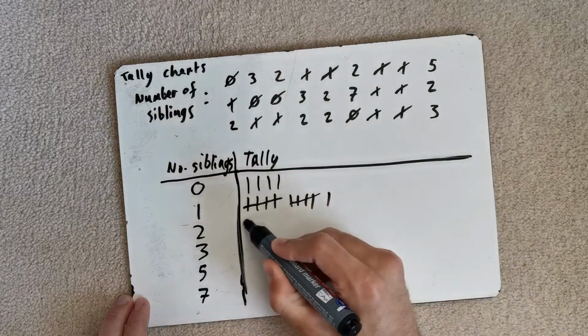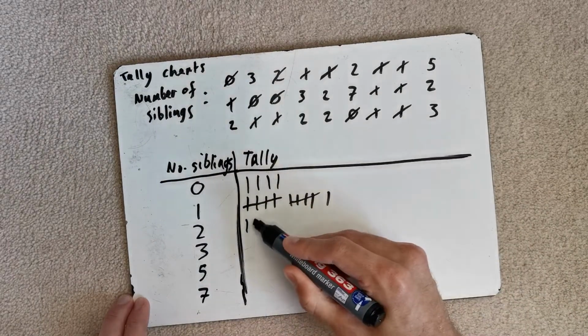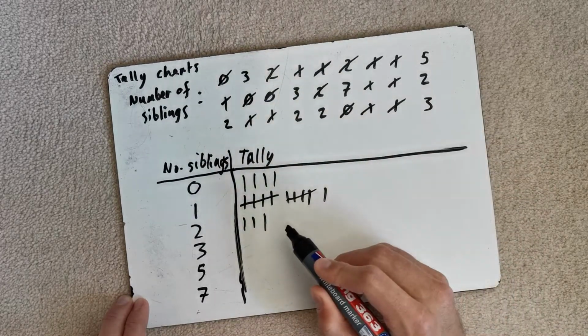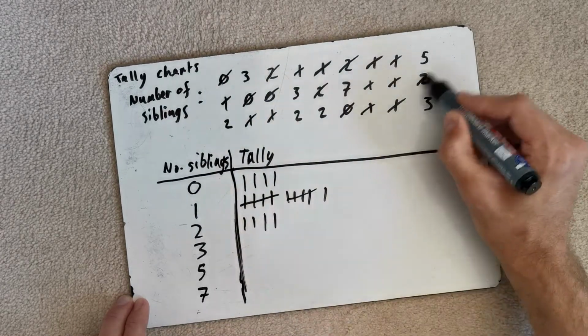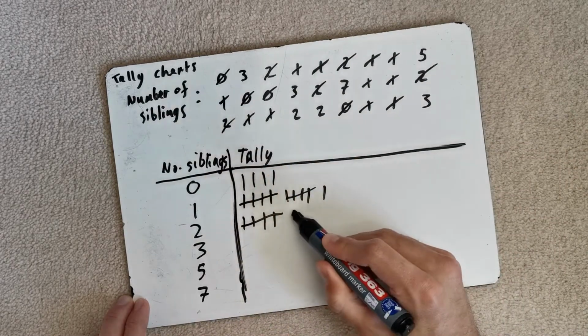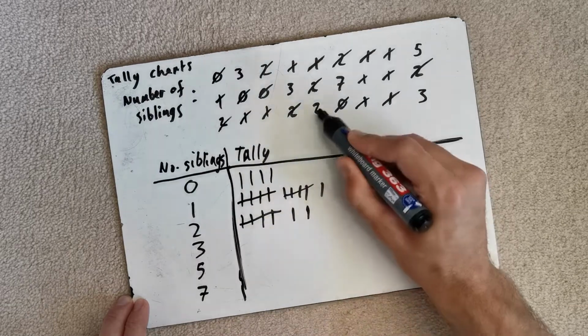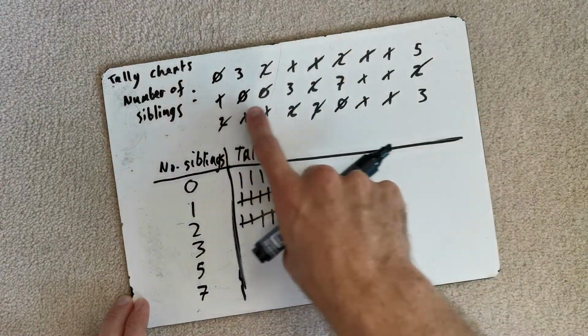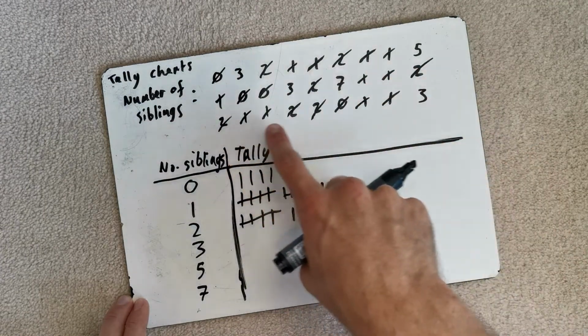Let's start there. 1, 2, 3, 4, 5, 6, 7, and that's all of them. Let's double check. 1, 2, 3.